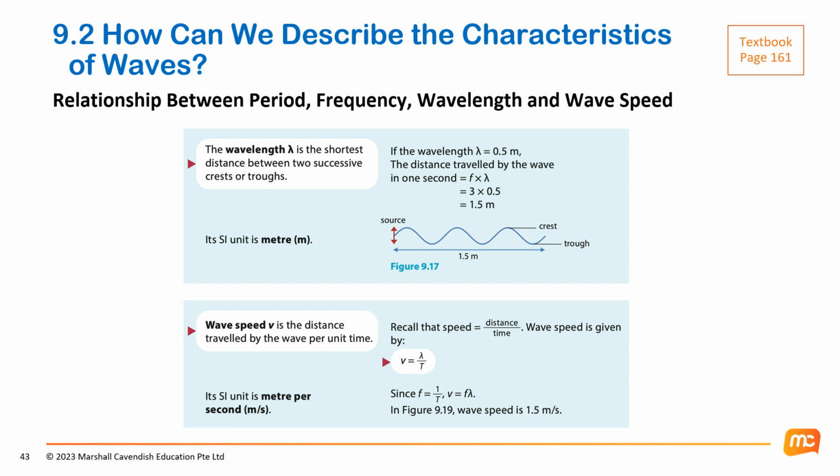So that's why the formula is v equals lambda over T.